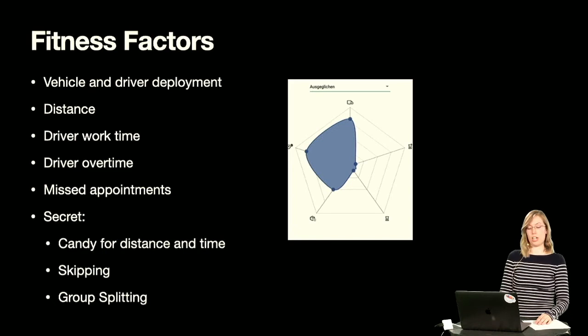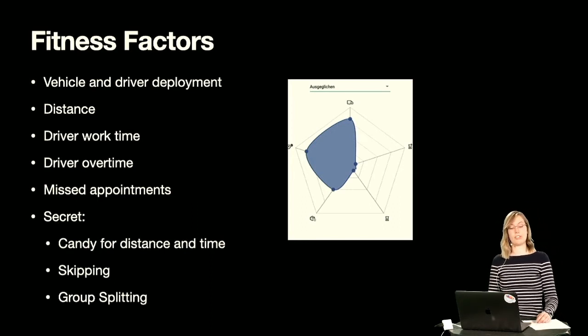Also skipping, which means skipping a job, because in the end you could also say it's not as important if I don't do this job, it's way more important that the appointments get met, or that I use fewer drivers or fewer vehicles. So we also set this. And of course, actually considering the groups I talked about before.